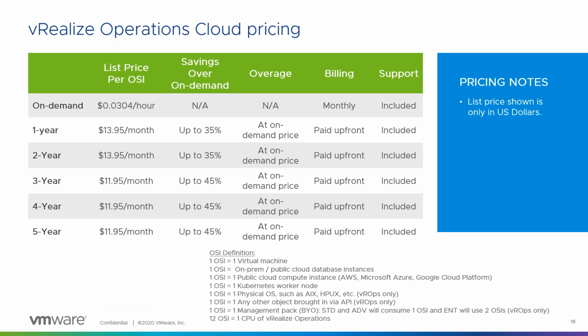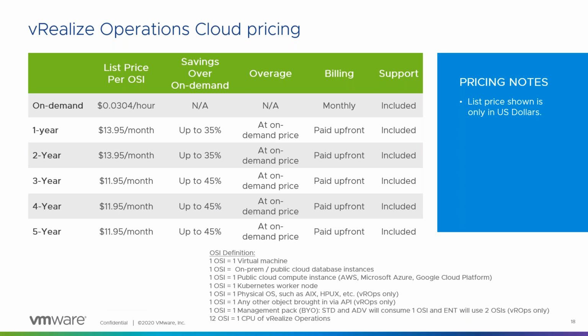And I have a definition here listed that helps a little bit more with the definition of the OSI. So 1 OSI is equal to 1 virtual machine, an on-prem or public cloud database instance. If you have one of the public cloud instances with AWS, Microsoft Azure, or Google Cloud Platform, 1 OSI equals 1 of those instances. 1 OSI is 1 Kubernetes worker node.